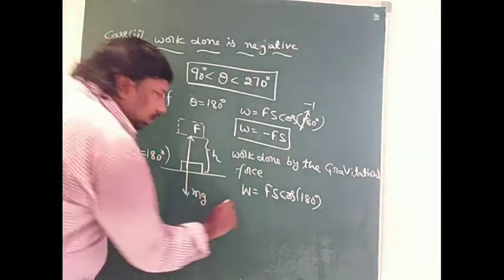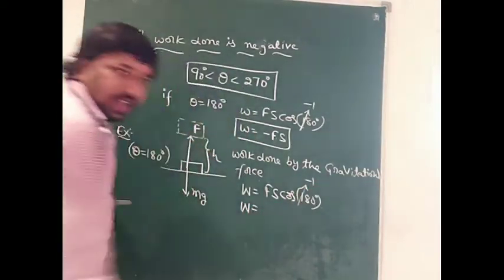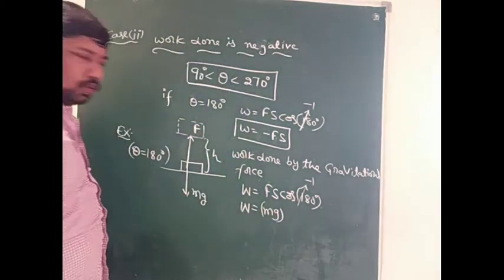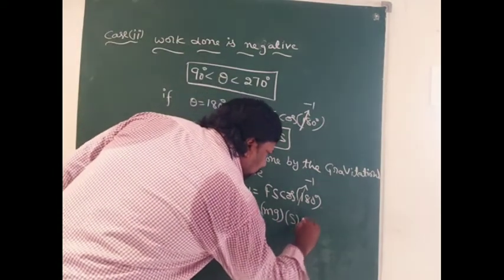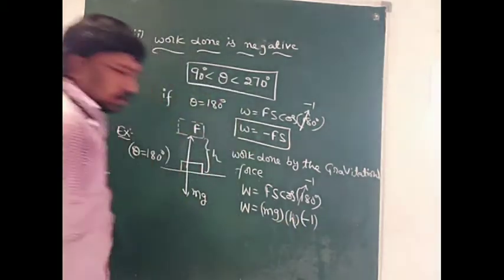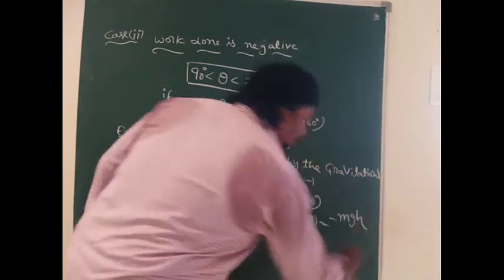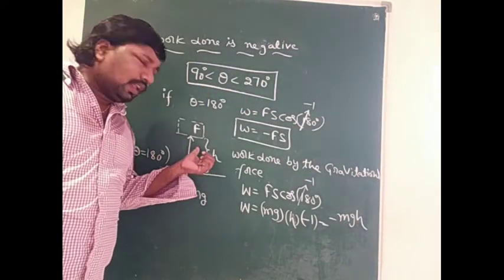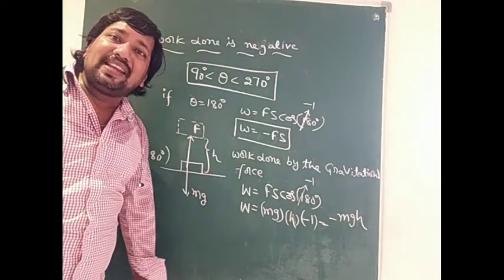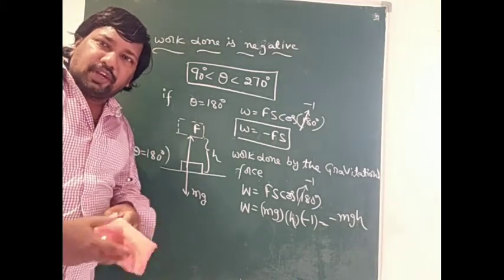Cos 180 is minus 1. Here F is mg, the gravitational force, and s equals h. Therefore the work done by the gravitational force is W = minus mgh.